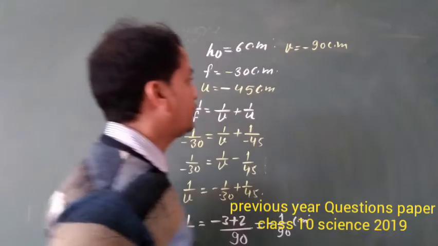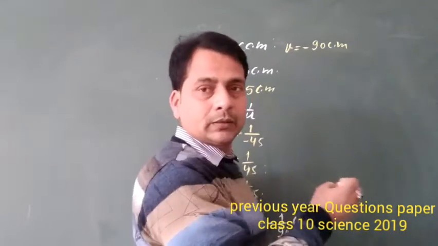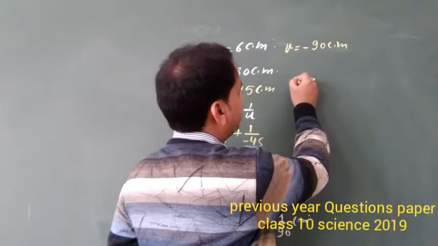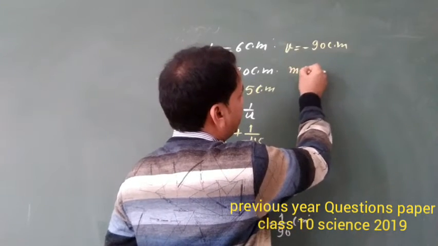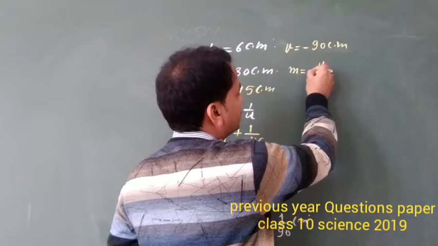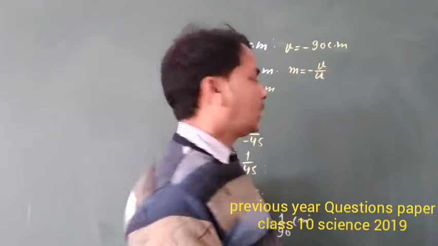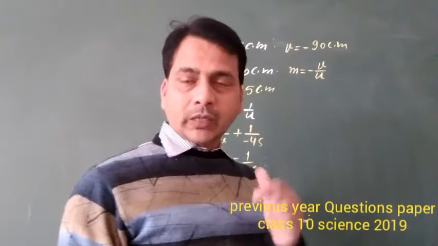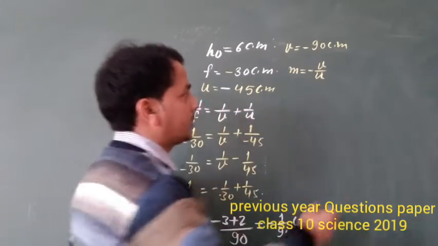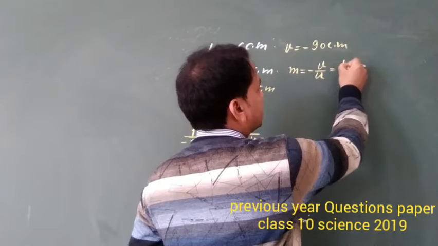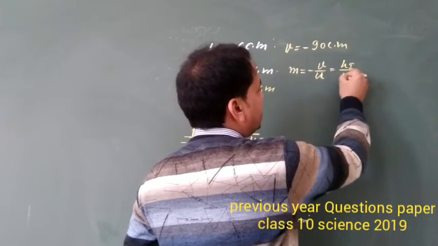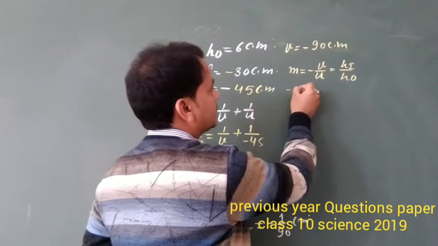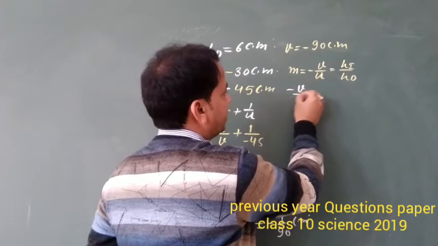So here also we have magnification. The formula of the magnification is m equal to minus v by u, and the size of the image to the size of the object, h_i by h_o, is equal to minus v by u.